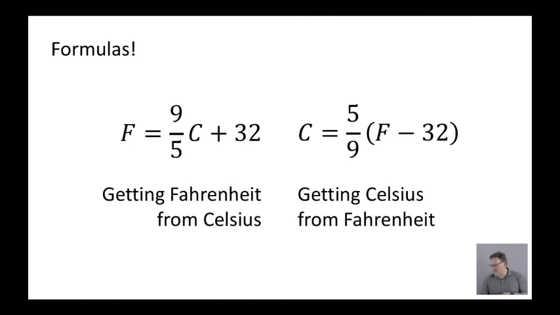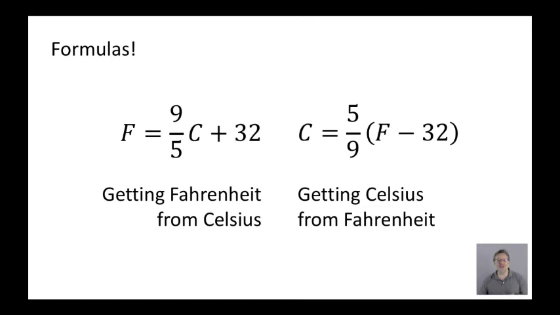So for the first one, if you have a Celsius value and you want to convert that to Fahrenheit, you plug in that value for C and you get an answer for F. For the second one, if you've got a Fahrenheit temperature, you plug that in for F and you get a value of Celsius out of all of that. Make sure that you're following order of operations as you're doing the evaluations.